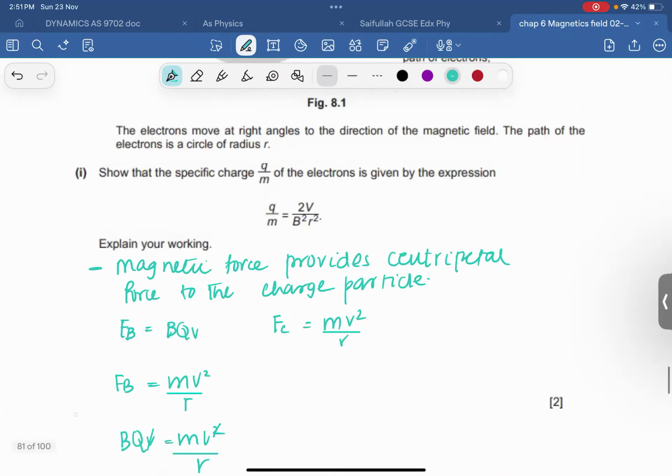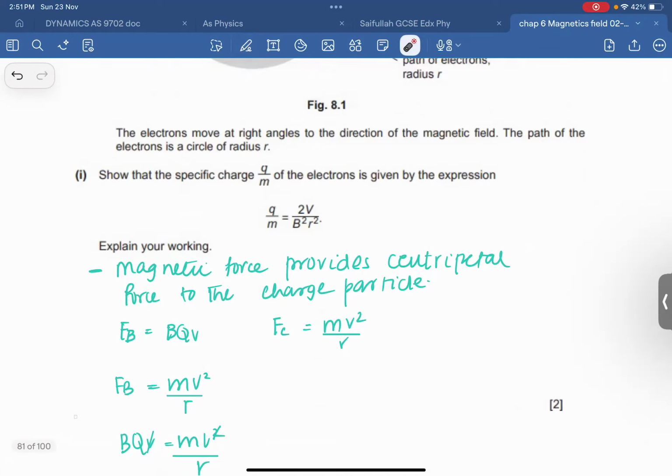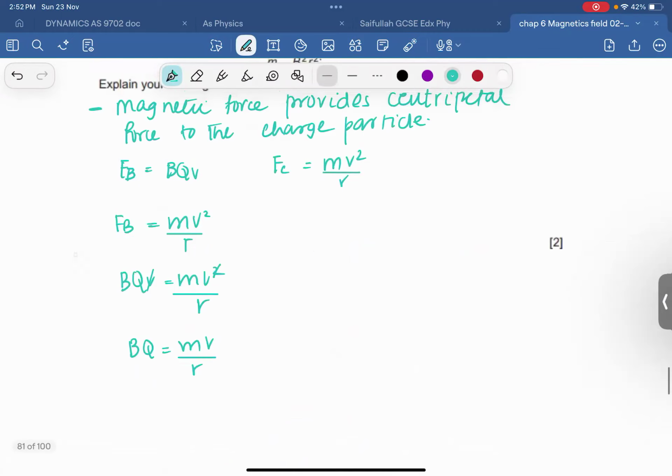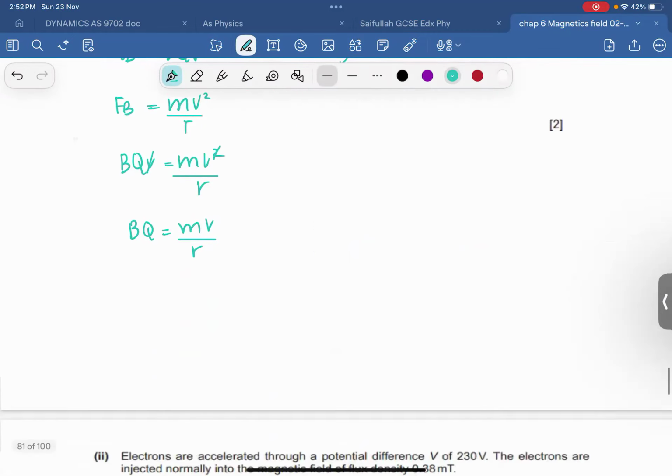Now they want us to introduce the voltage, right? So we have to remove the velocity and introduce the voltage, for which we have to use this equation, right? So using that, BQr over m is basically v, right?